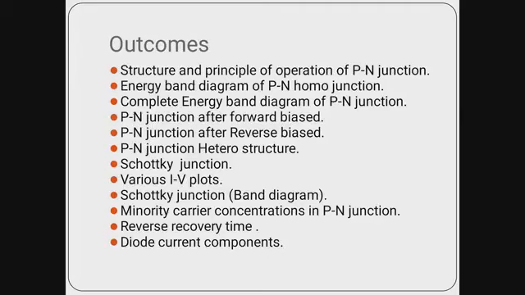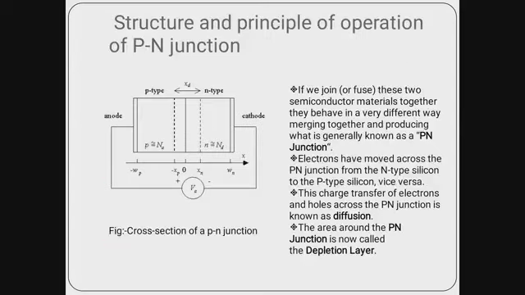I also discussed the heterostructure, the Schottky junctions, and different IV characteristics plots of PN diode. And I also discussed minority carrier concentrations, reverse recovery time, and diode current components in this lecture.